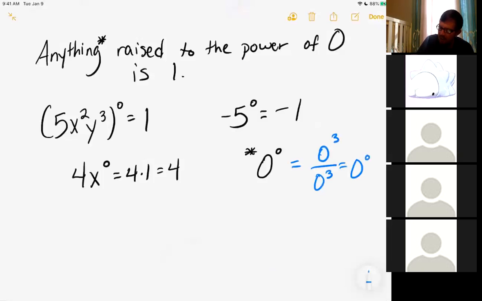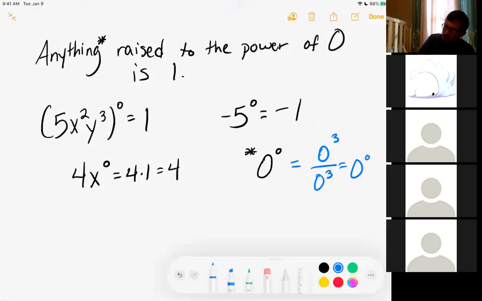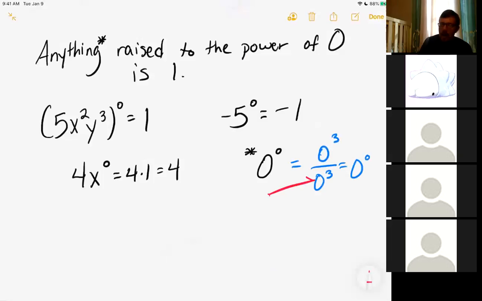But look what I have in the denominator. I'm dividing by a 0. 0 in the denominator means divided by 0. And as you know, dividing by 0 brings about the apocalypse. And so the answer to 0 to the 0 power is actually undefined because we are dividing by 0.